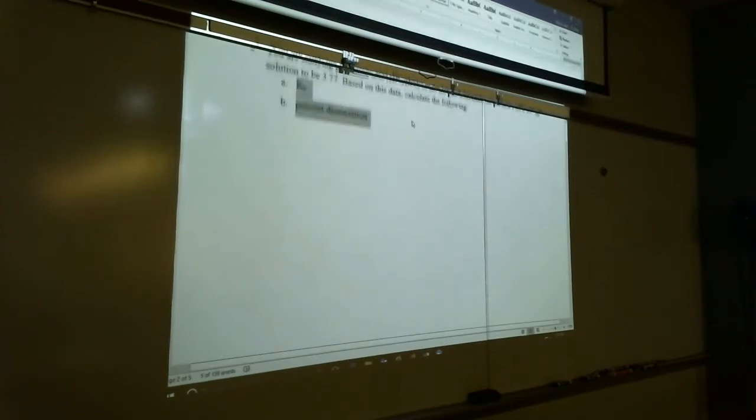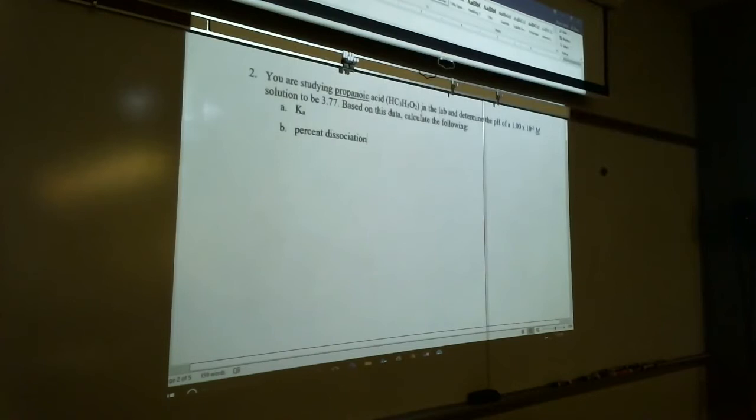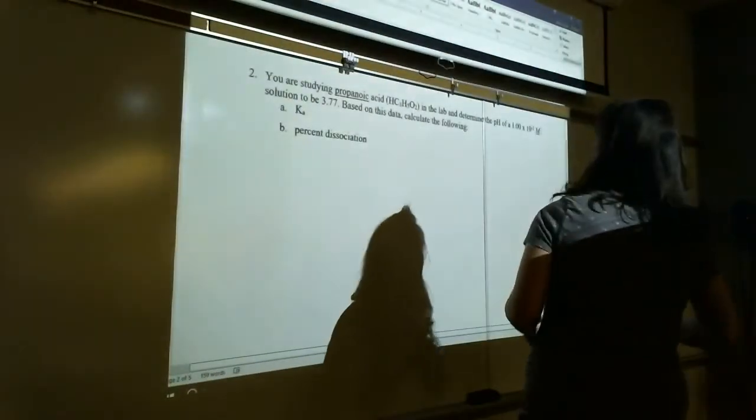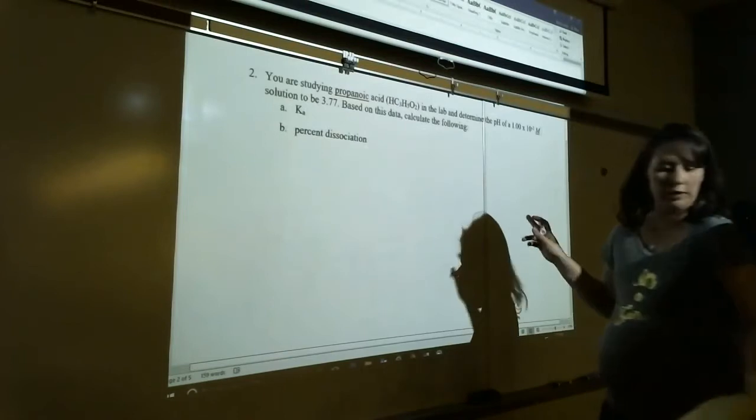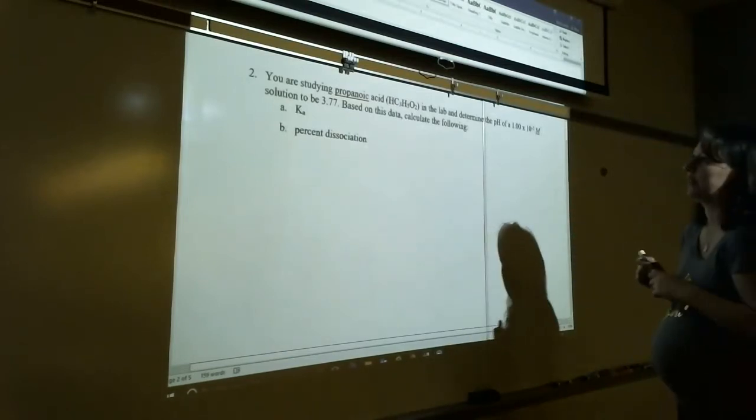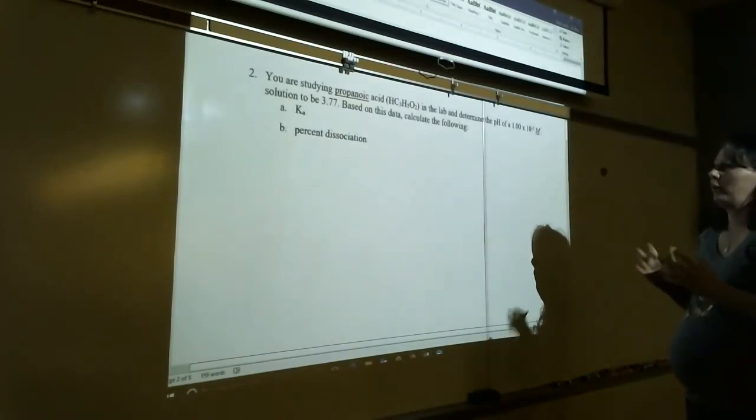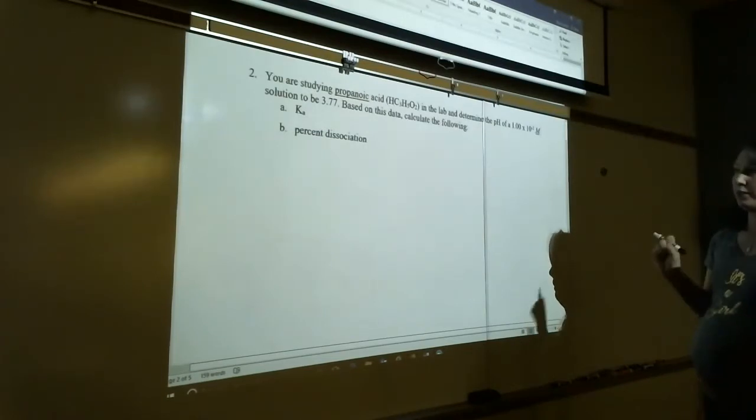There we go. Okay. I'm studying this acid, and I determined the pH of this particular molarity to be 3.77. I wanted the Ka and the percent dissociation.